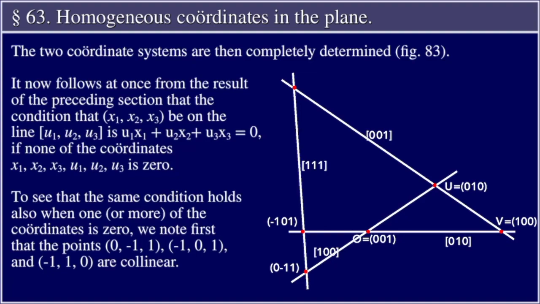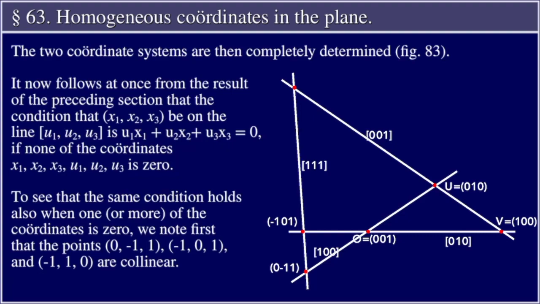x3 be on the line u1, u2, u3 is u1 x1 plus u2 x2 plus u3 x3 is equal to 0, if none of the coordinates x1, x2, x3, u1, u2, u3 is 0.